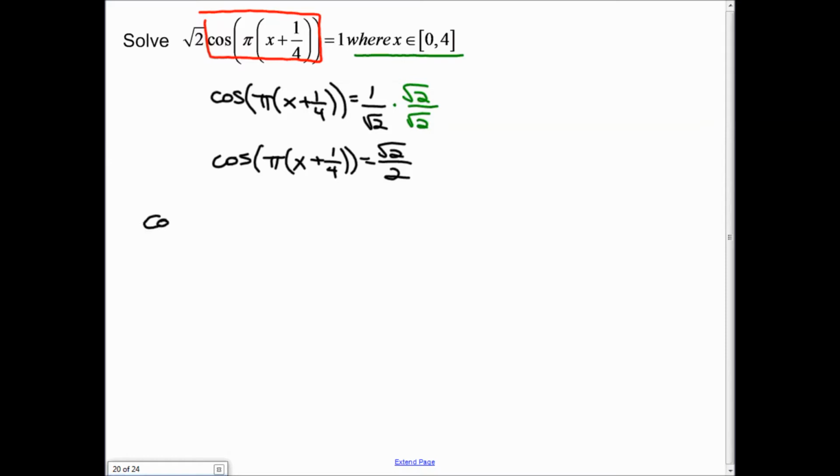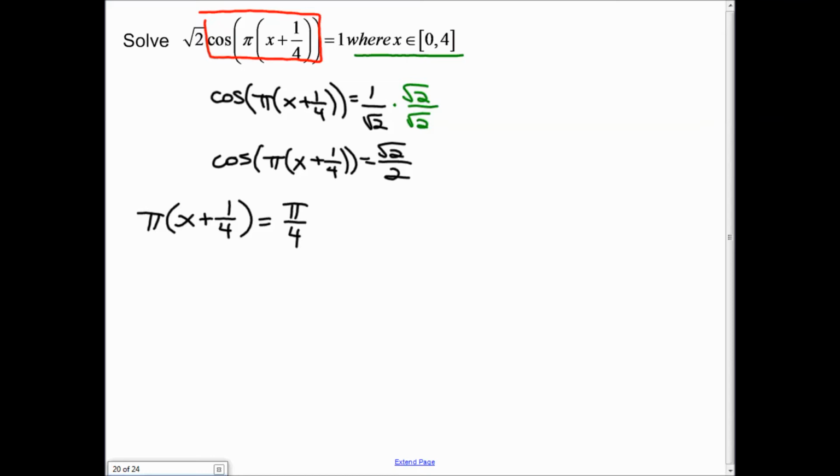Okay, so we end up with two equations. We will end up with pi times (x plus 1/4) is equal to pi over 4.